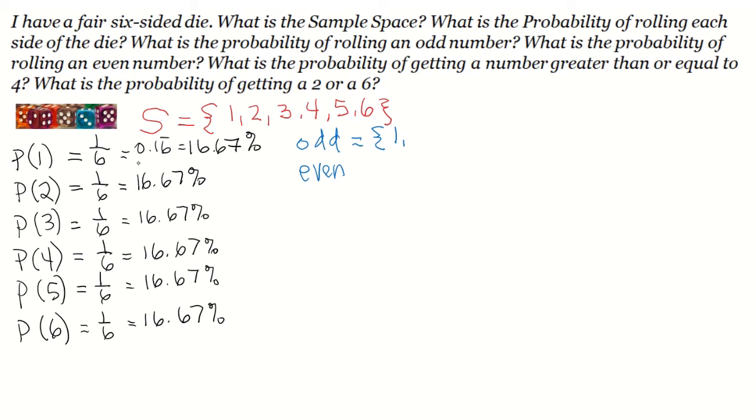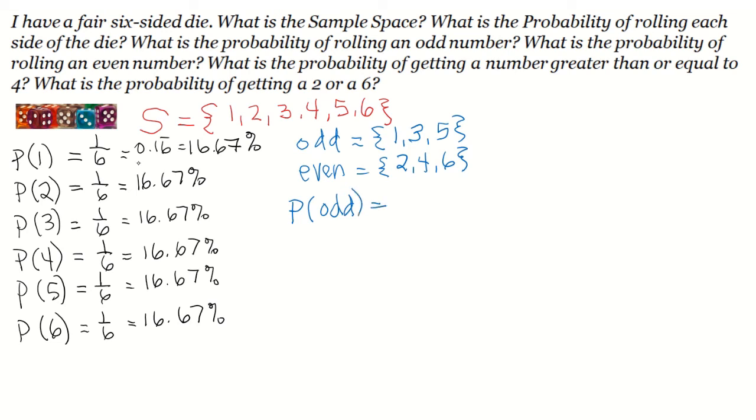The outcomes of the odd are 1, 3, and 5, and the outcomes of the even are 2, 4, and 6. So we now have the event odd and the event even. So if we want to get those probabilities, we're going to get the probability of the event odd, or getting the odd outcomes.